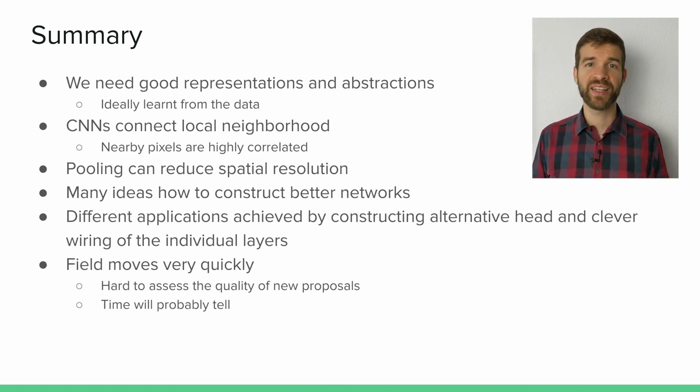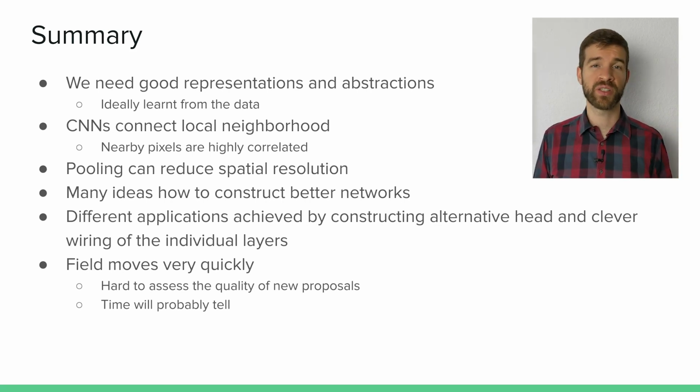And CNNs have this one specific layer type, the convolution, that learns to connect this local neighborhood by only taking a look at a small area in the input image, because nearby pixels are typically highly correlated. We have talked about pooling layers that can help us to reduce the spatial size to be more efficient, and there are many ideas for how to construct better networks.